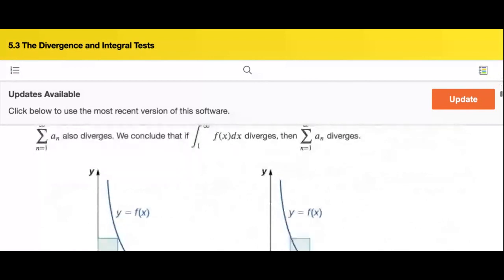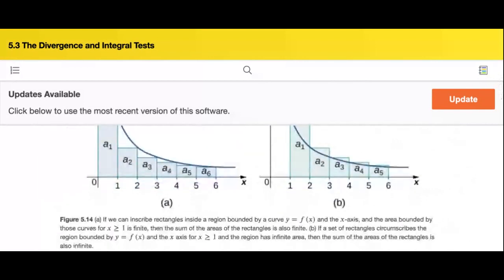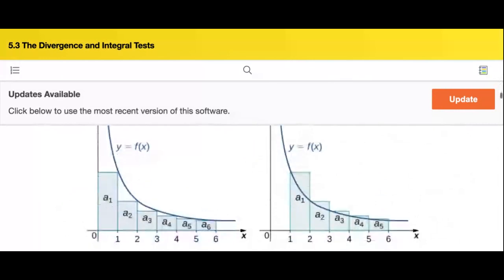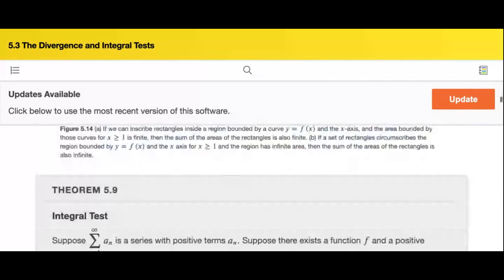So this is called the integral test. Just try to remember those two examples.